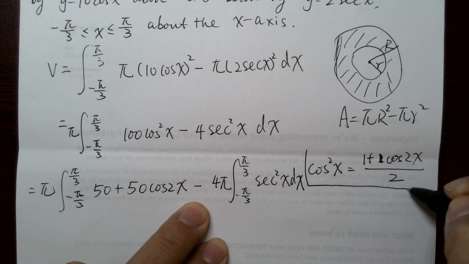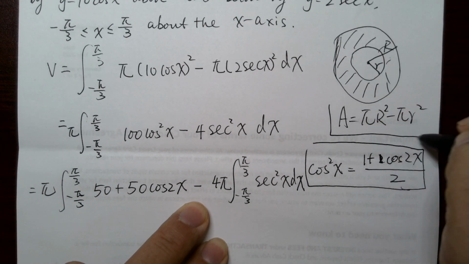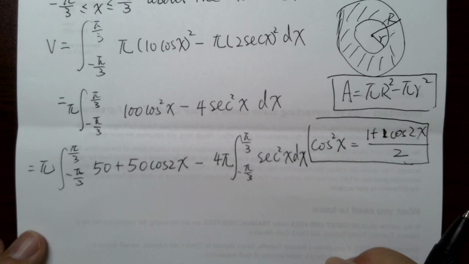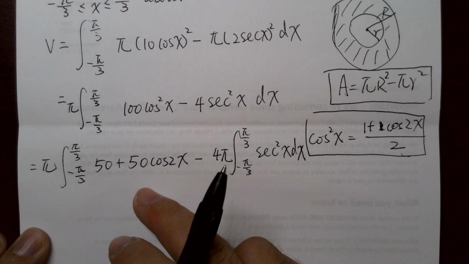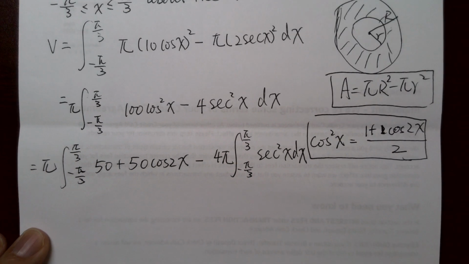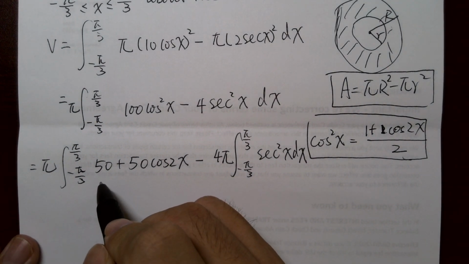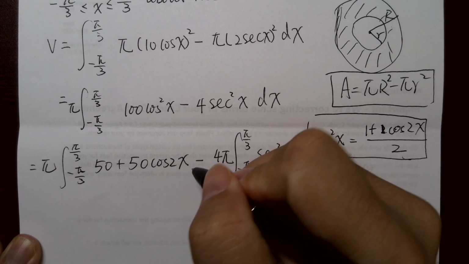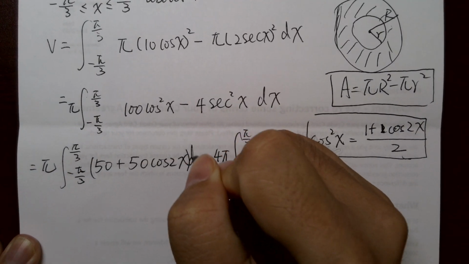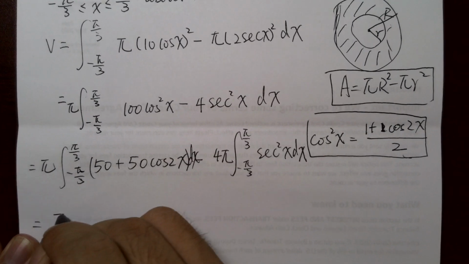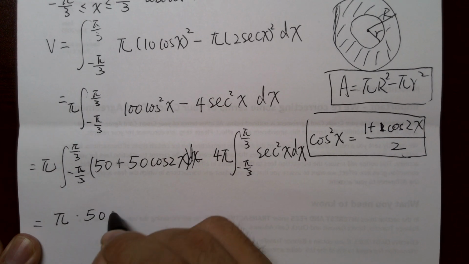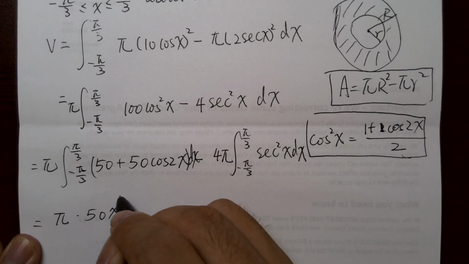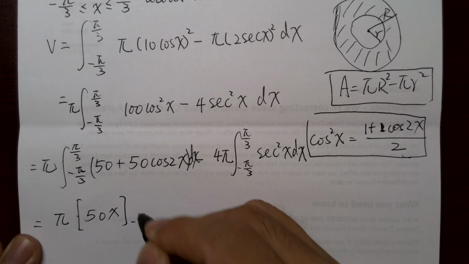So this is one of them, and this is another of them. Okay, so right now things become super straightforward. For the first part, we have pi times 50x evaluated from negative pi over 3 to pi over 3.